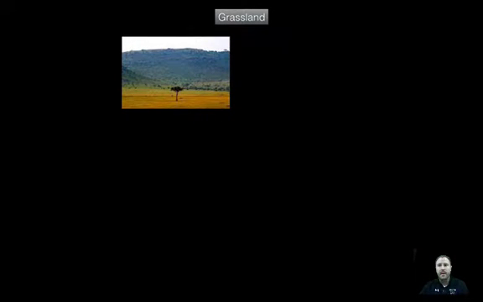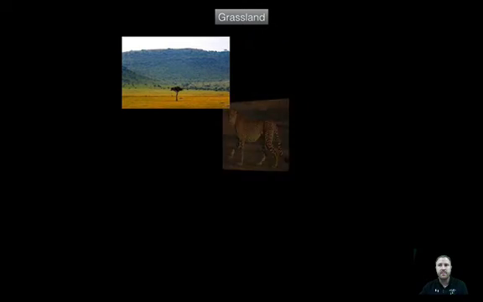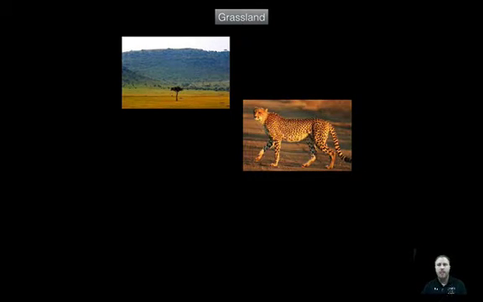Grasslands. Grasslands have rich soil that is able to support the grasses living there. These get more rainfall than deserts, and a grassland is an area that's populated mostly by grasses and non-woody plants. Sometimes you'll hear people refer to a savanna and a grassland, and those are two different things.